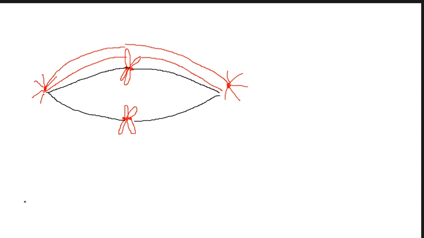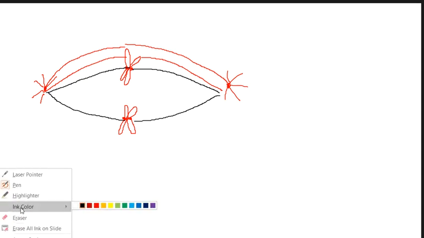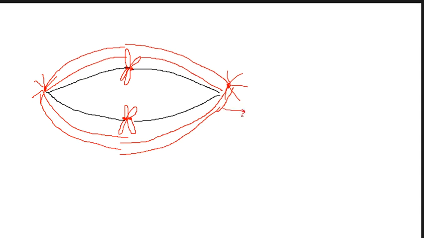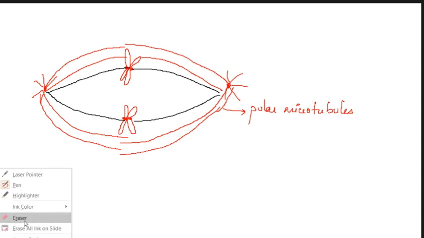And the ones which are overlapping at the end, what are those? Yes, these are the polar microtubules. These are the kinetochore microtubules.